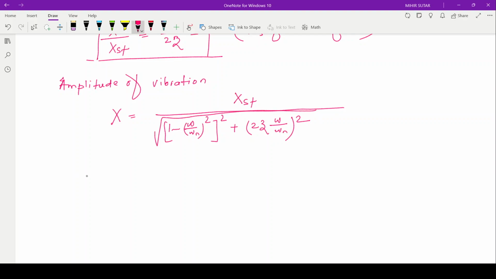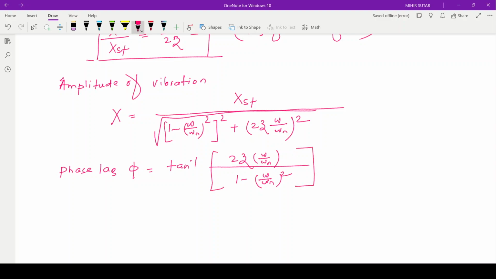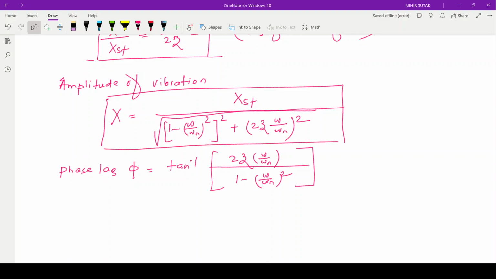Okay, and phase lag phi is basically tan inverse of 2 zeta omega by omega n divided by 1 minus omega by omega n square. Okay, so you remember this. This is the amplitude of vibration, and magnification factor is x by x st.